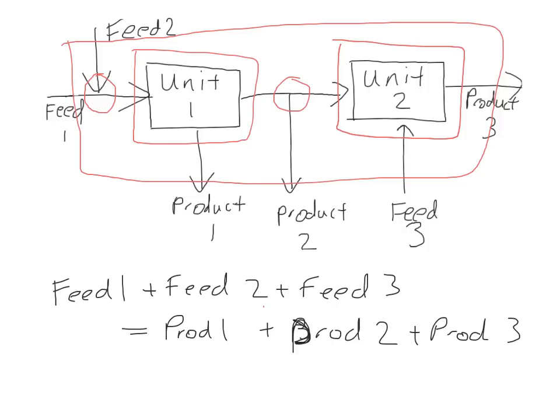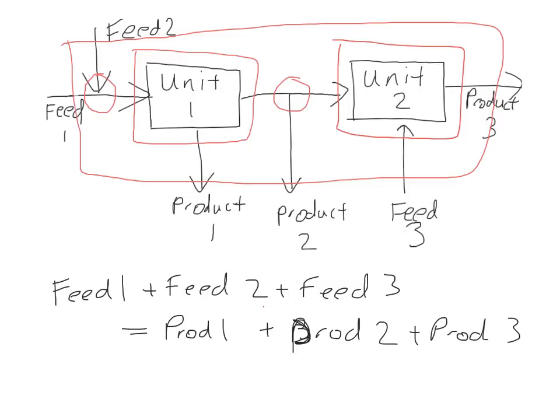All these other streams over here, feed 1, feed 2, product 3, feed 3, have nothing to do with this mixing point, and the material balance equation around this mixing point does not have any of those variables in it. That's the big part of these multi-unit material balance processes: realizing that we can write many different types of material balances, depending on the boundaries that we consider.